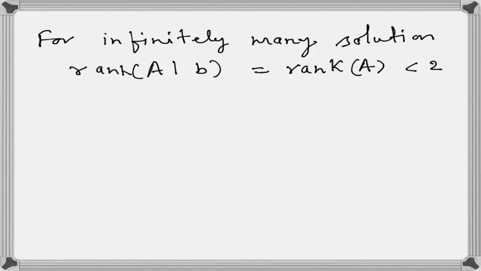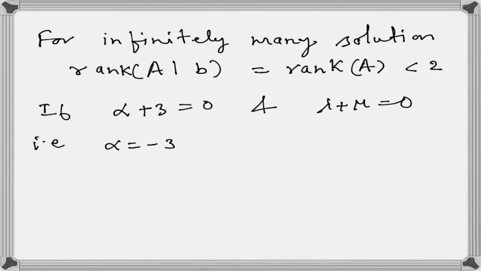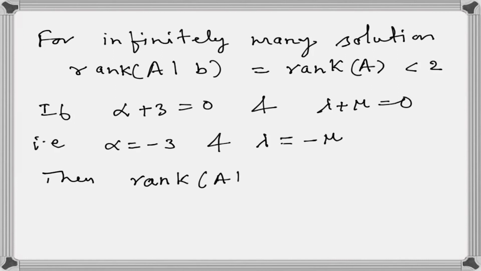So here, if alpha plus 3 is equal to 0 and lambda plus mu is equal to 0, that is alpha is equal to minus 3 and lambda is equal to minus mu, then rank of A augmented B is equal to rank of A is equal to 1, because the last row is 0.